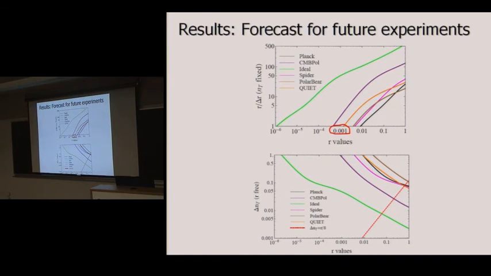But the interesting thing is to notice this kind of detection limit, which is around 10 to the minus 3. If your tensor mode is even lower than this, then it is possibly quite difficult to see any of these signals. So we can remember this value as a detection limit.